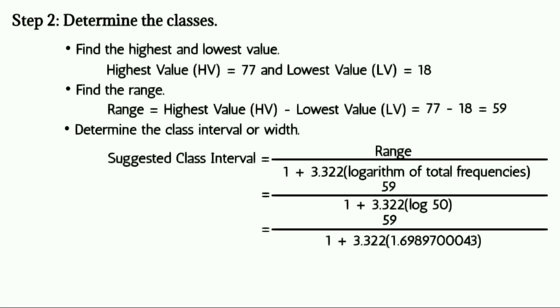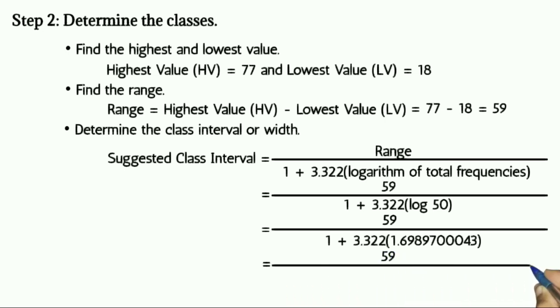Let's multiply. 3.322 times 1.6989700043, that is equal to 5.6439783543. After that, i-add natin yung 1. So that will become 6.6439783543.